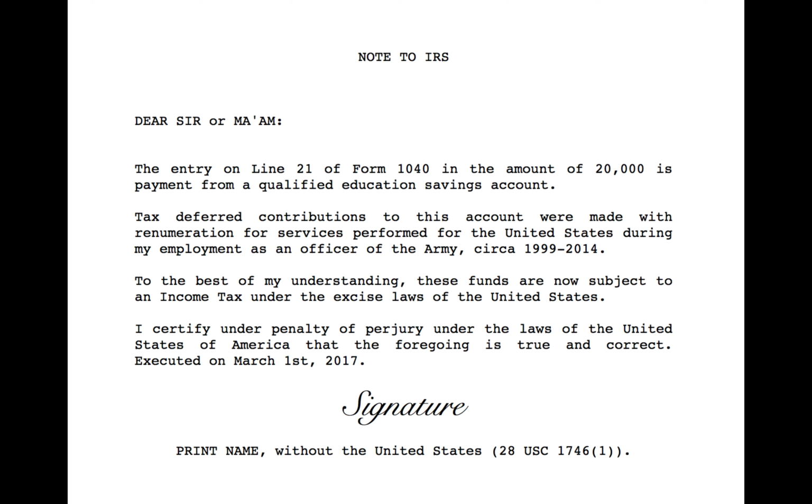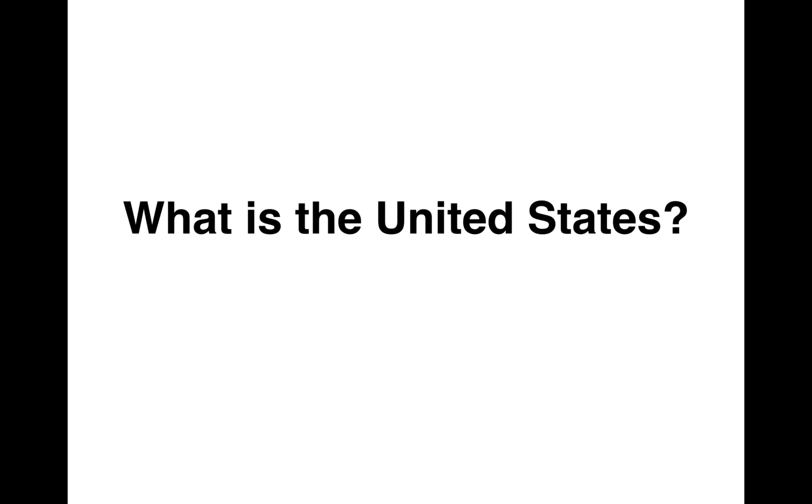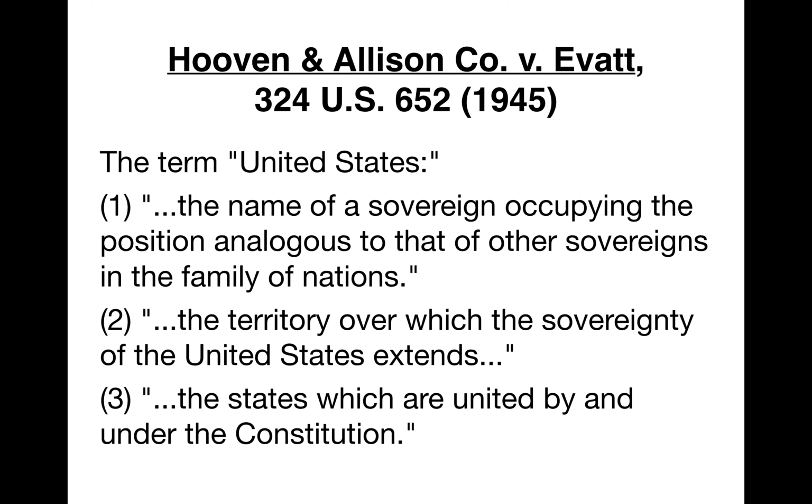Next, let's study the United States, as highlighted in purple, orange, and blue. Now, why are there three colors to indicate what the United States is? Well, that's because according to the Supreme Court, there are three United States. So, Hooven & Allison Company v. Evatt, 1945.